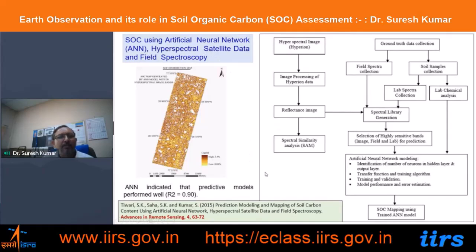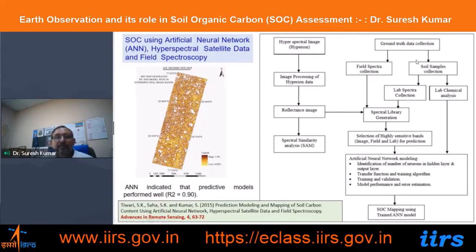We used Hyperion data, and we did very intensive soil sampling in the alluvial plains of Uttar Pradesh, and we got R square up to 0.9. So we found high correlation coefficients.